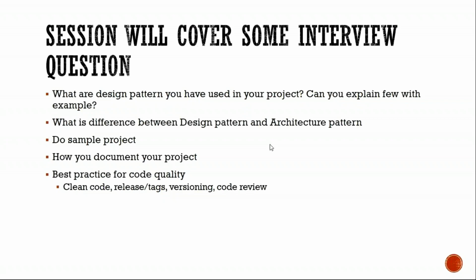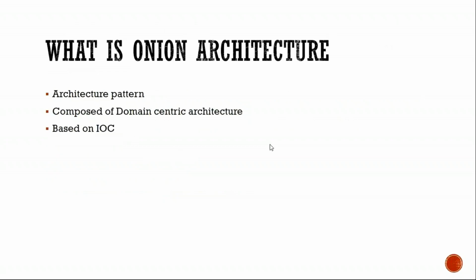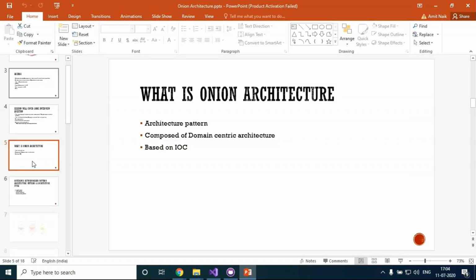I'm going to provide the technical project and technical stuff with a GitHub link, you can download it and concentrate on the scenarios and implement them. And we can go through how to document best practices and code quality in this session. First, what is an onion architecture?